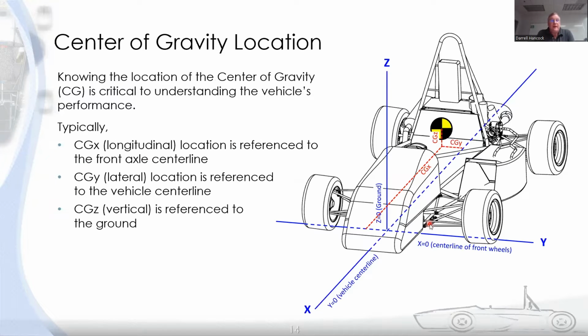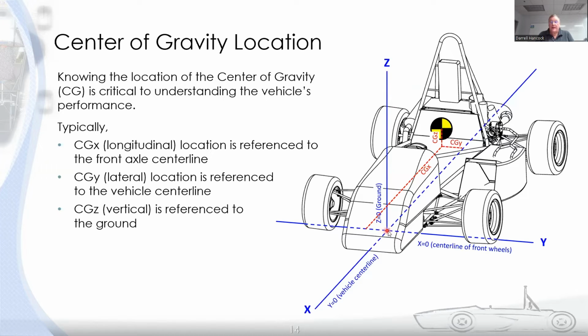Okay, so we typically will calculate weight distribution, but what you're really concerned with is the center of gravity location. And we do that in 3 dimensions or 3 axes, right? Typically, the x-axis is the center line of the vehicle. When we talk weight distribution, center of gravity location, we usually use the y-axis as being the center line of the front tires at the ground. And then the z-axis, the vertical axis, is the height above the ground.